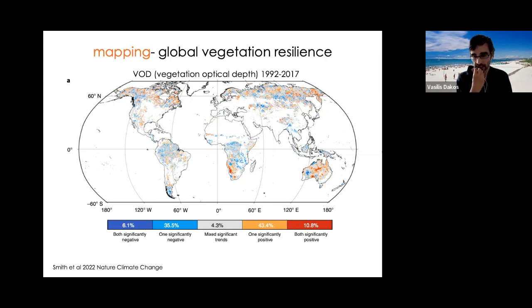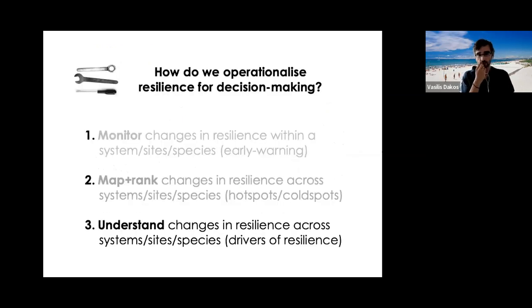However, it's to some extent not really usable, apart from giving us a snapshot of what things are happening. So that's why I think trying to understand changes in resilience could help us, because big overviews like the previous ones are very hard to interpret.